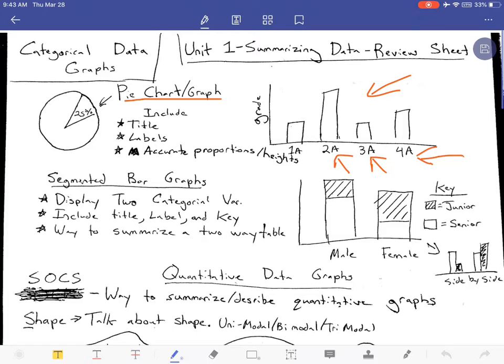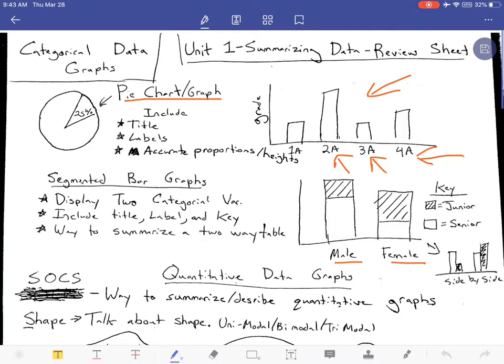Then if you have two different types of categorical data, two different variables that you want to display, you can use a segmented bar graph. Like it says here, this is a way to display two different categorical variables. You want to summarize it by splitting the bars into segments. Let's look at this example. We have males and females, so that's our first variable.